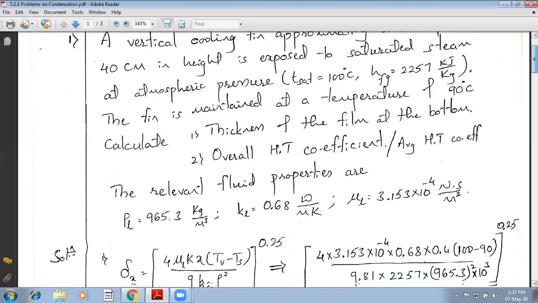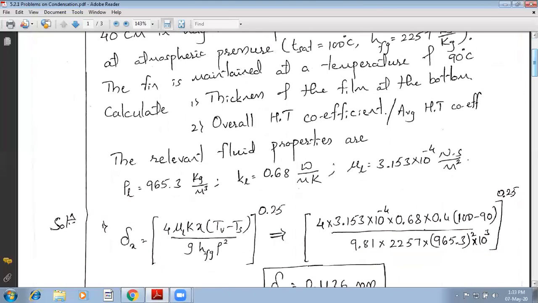Now, if you look into the formula corresponding to vertical surface, you have delta x, which is boundary layer thickness, equal to 4 times mu into k into x multiplied by Tv minus Ts, divided by g into HFG multiplied by rho square, whole to the power 1 by 4 or 0.25.